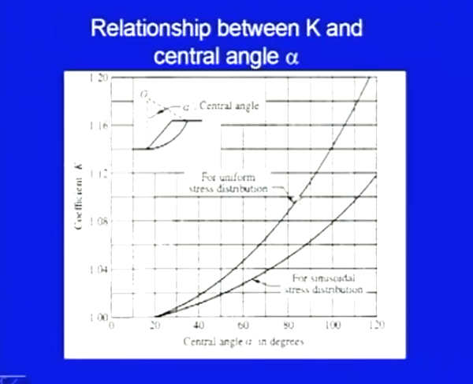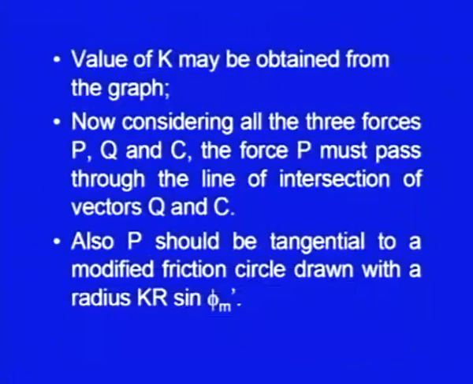From this chart one can find out the value of coefficient k. You can see it is varying from 1.00 up to 1.20. So, the radius will be 1 times to 1.2 times the radius of the original friction circle. Using this chart you can find out the value of k.